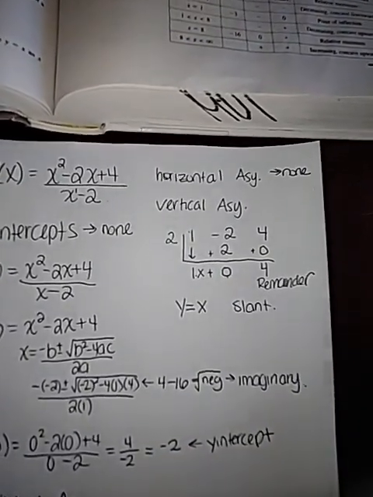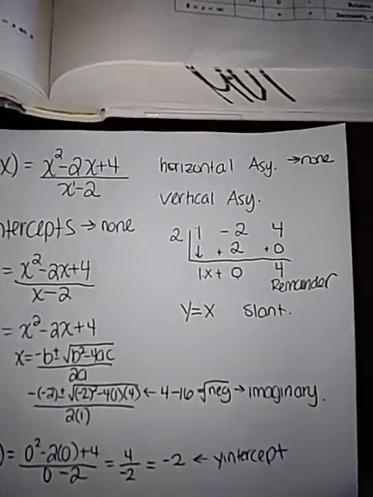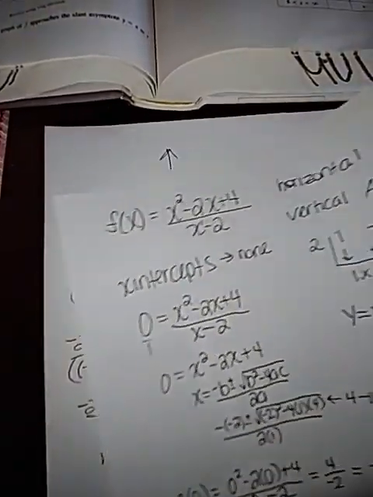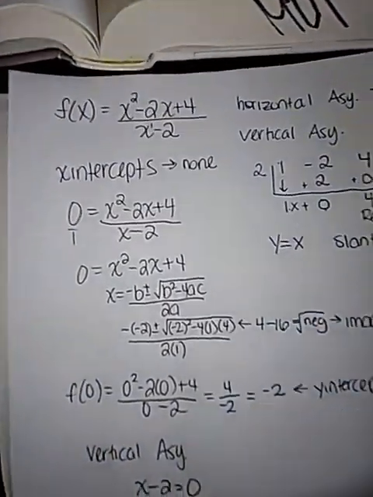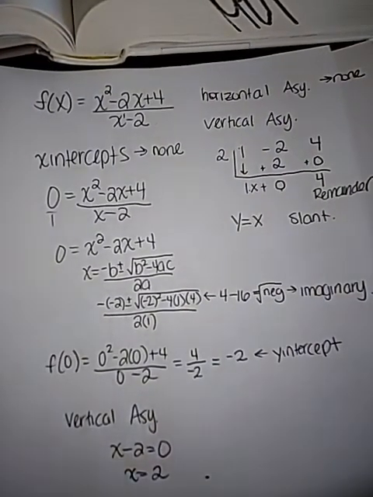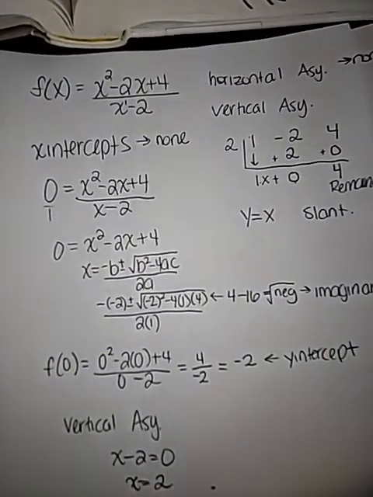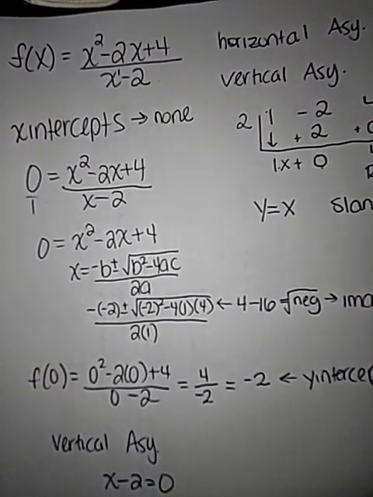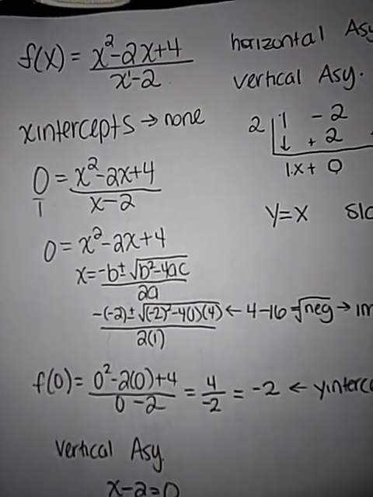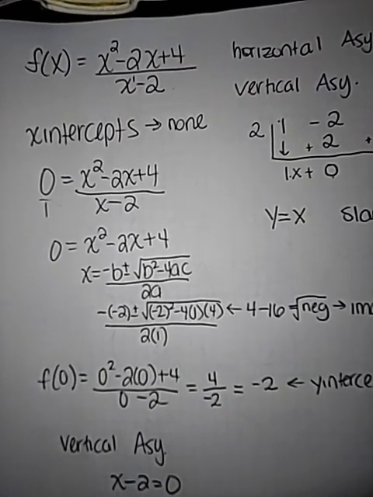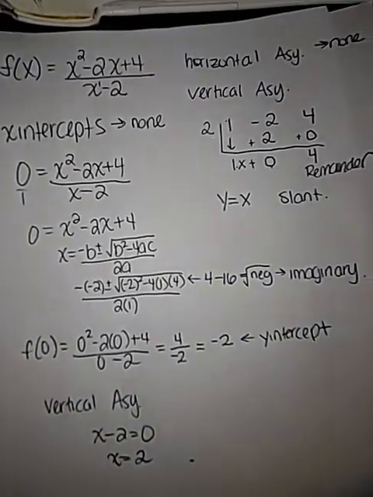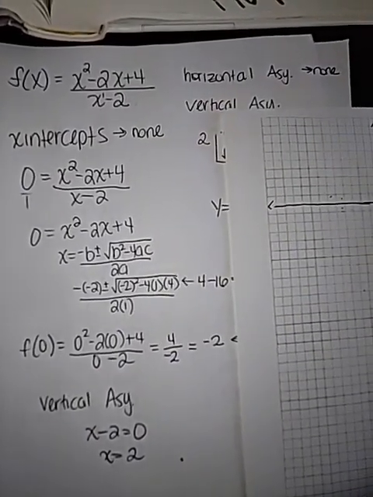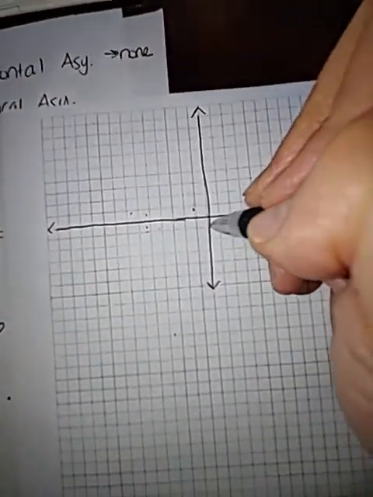All right, so let me graph that stuff before I even find the first derivative. I have no x-intercepts. I have a y-intercept of negative 2.